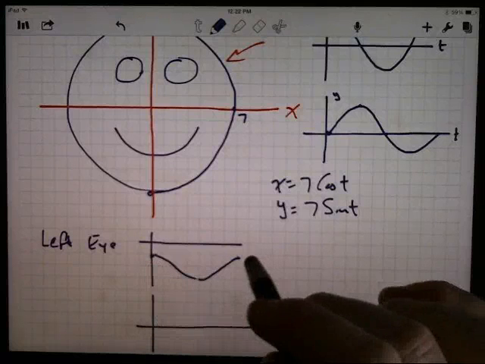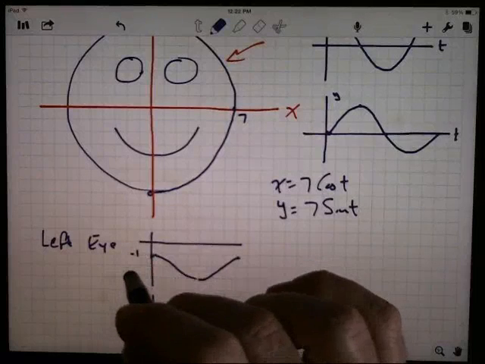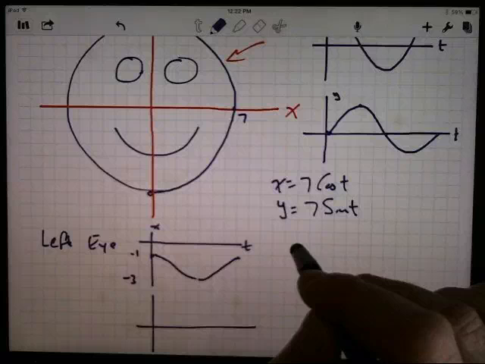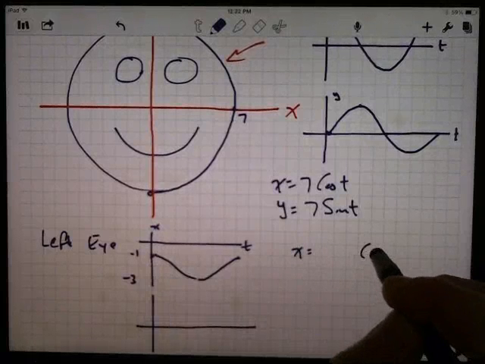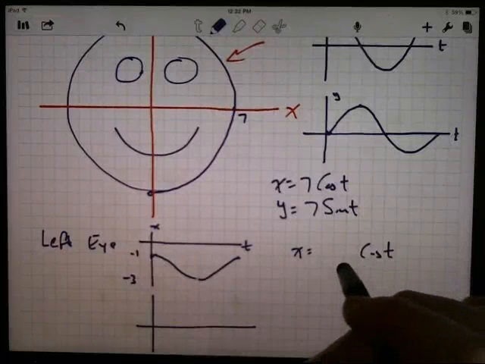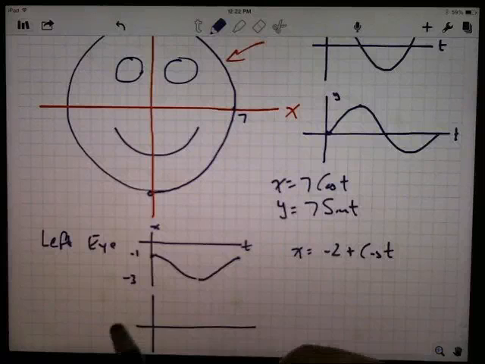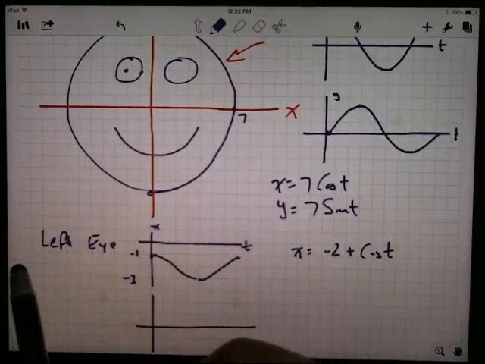So this is -1, -3. This is x, this is t, so I've got x equals, well, it's an amplitude 1 cosine curve, but it's been shifted down 2. And notice that the center of that circle is at -2.